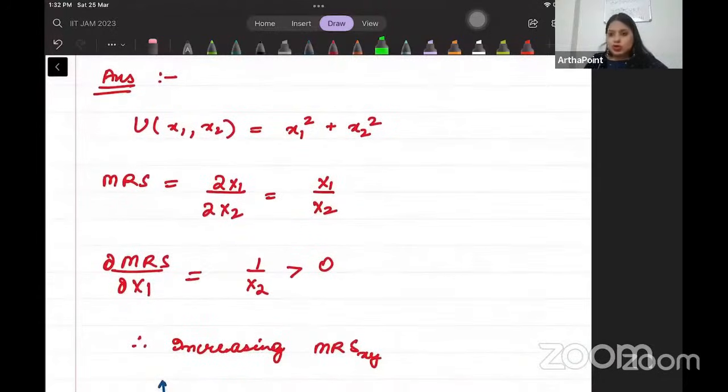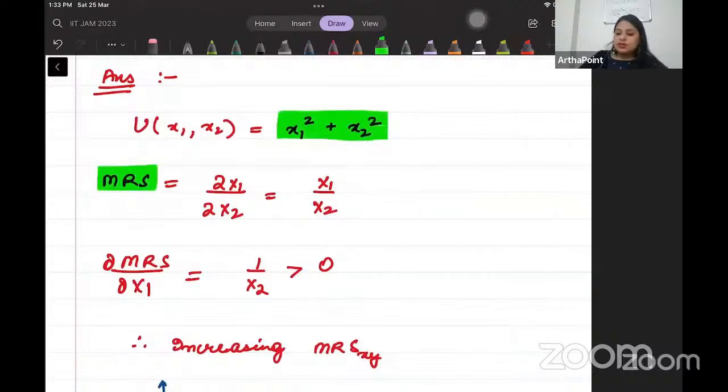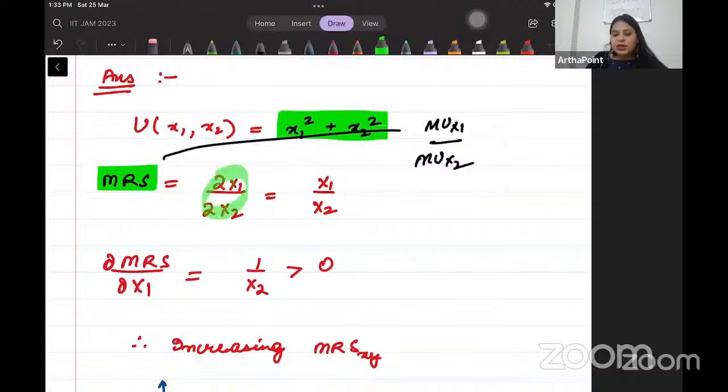If you closely look into it, the utility function is x1 square plus x2 square. If I find its MRS, it will be MU x1 by MU x2. So this is going to be 2x1 by 2x2, which is x1 by x2.